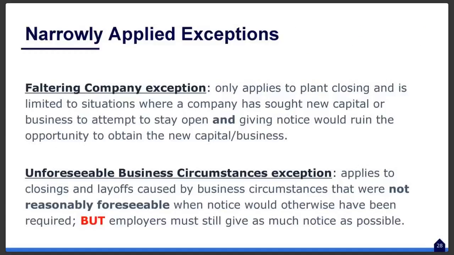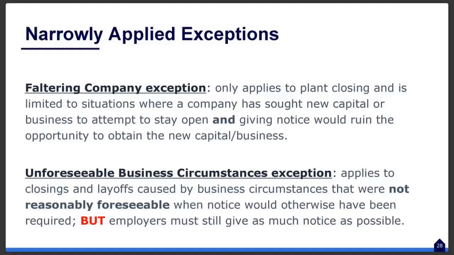The faltering company exception is one that only applies to plant closings and only in situations where the company has sought new capital or new business to attempt to stay open, and giving notice would ruin the opportunity to obtain the new capital or business.